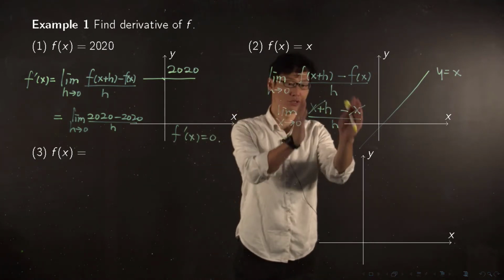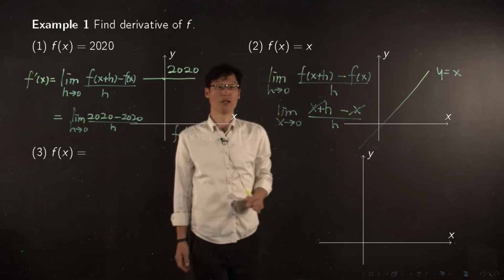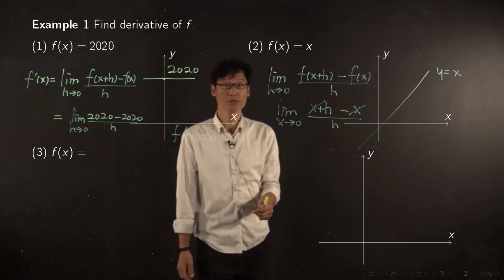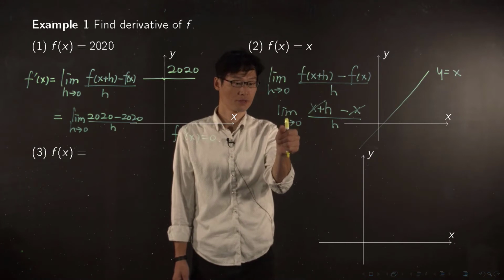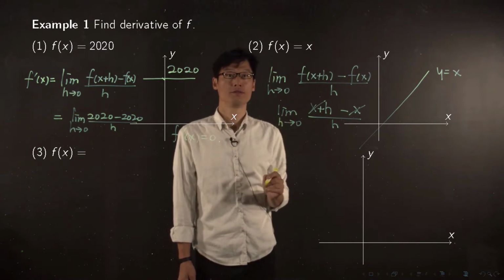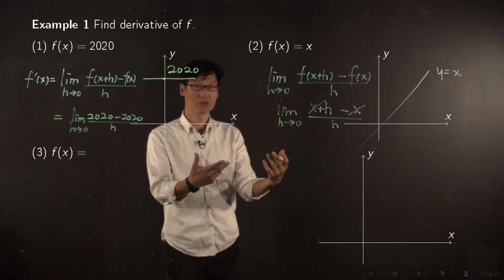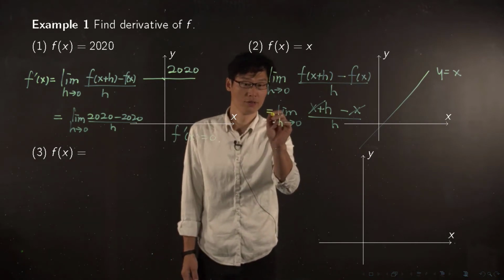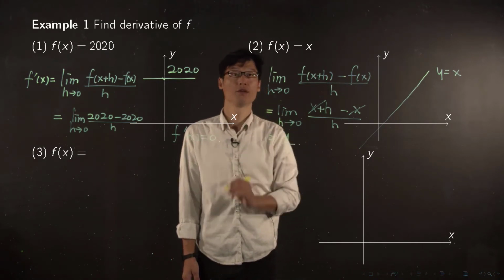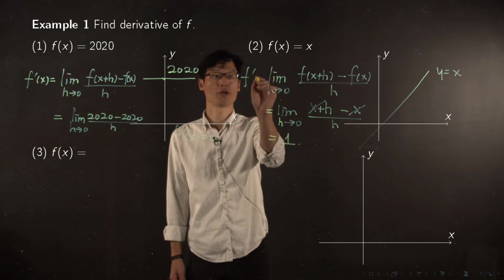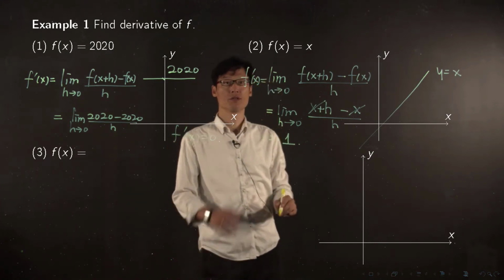So our expression is just 1 automatically. So the limit is 1. That means f prime is 1.